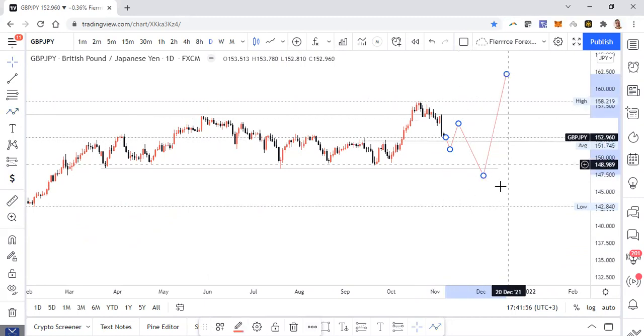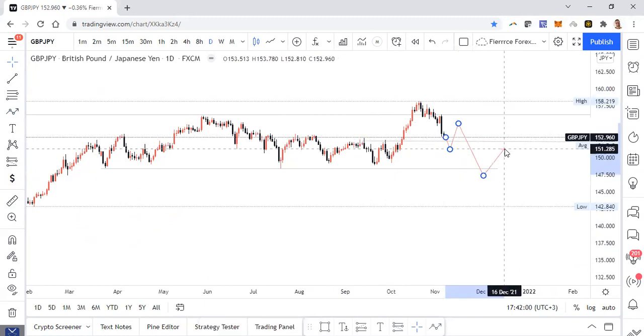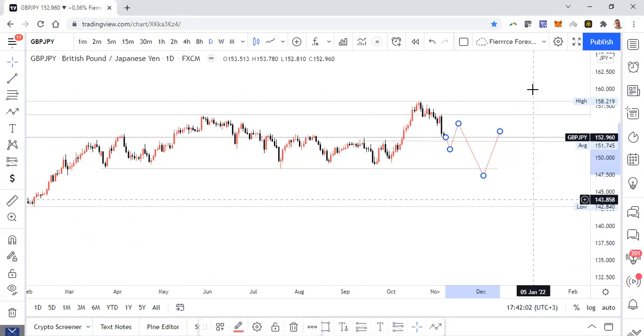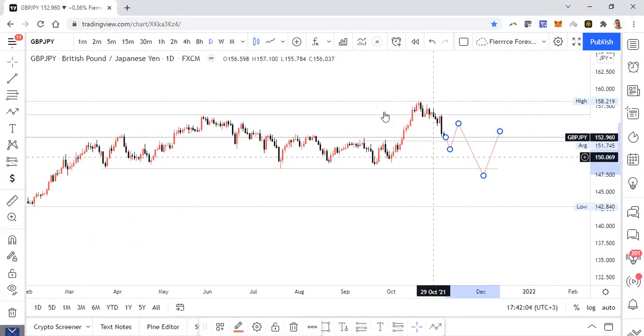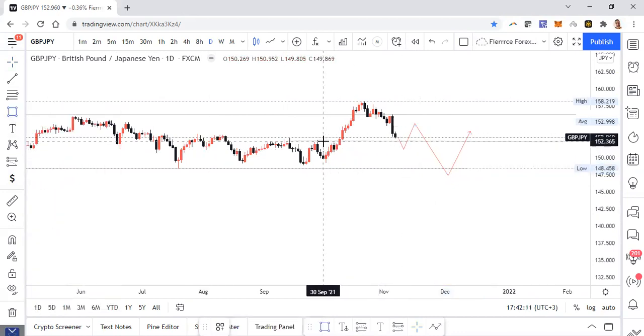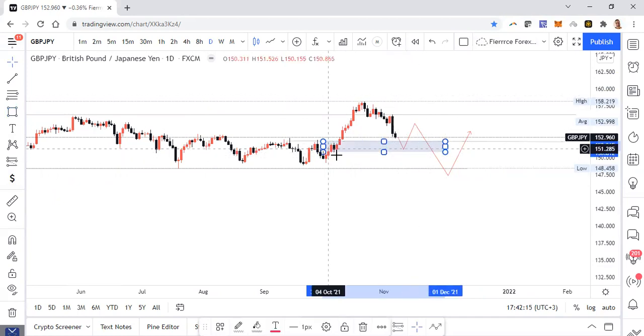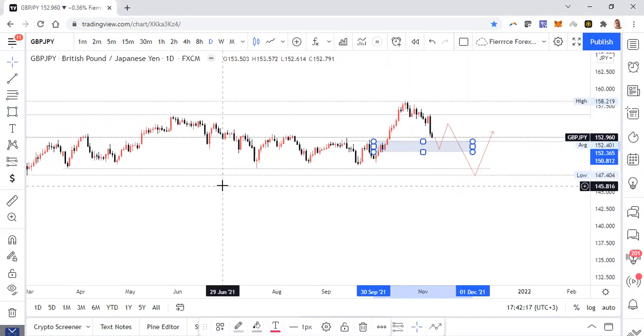So this is a long-term kind of move. We may even see it come down and then push up, okay? But we have a major rejection zone coming up here. So I'm anticipating that we'll probably bounce off this zone and then continue to the upside.